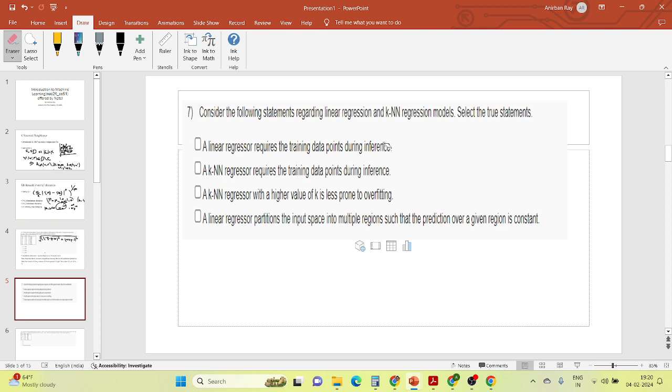During inference, I already have my hypothesis ready, like the example I gave the previous day. It is already ready. After this is ready, for making inference we only need the test data, that is x1, x2.